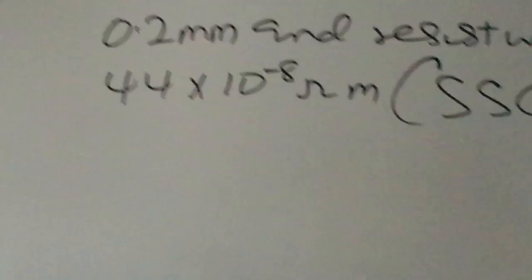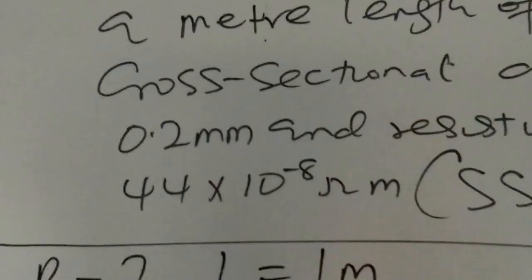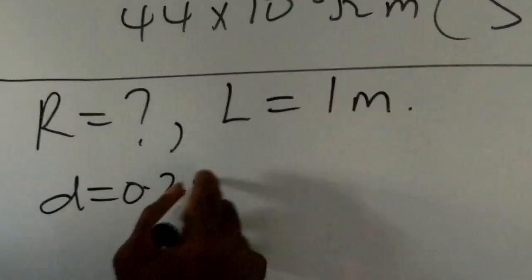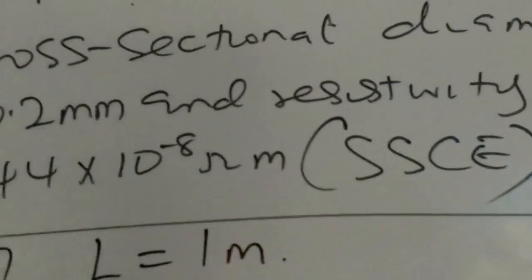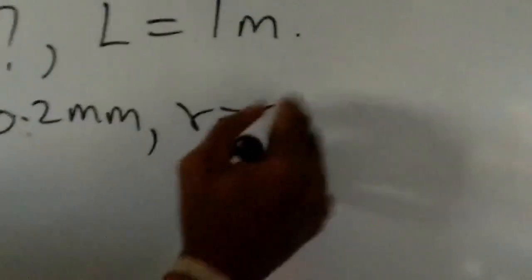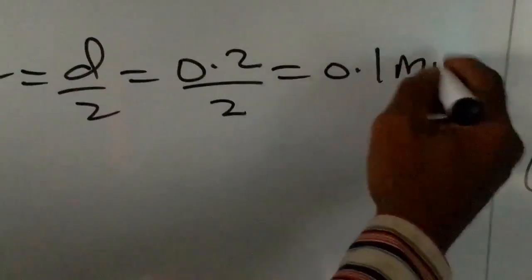So in this problem, we are looking for resistance, which is the R symbol, and the length of the wire is 1 meter. Then we are given the diameter of the cross-section as 0.2 millimeter. Since we are given the diameter, we can find the radius. Radius is diameter over 2, which is 0.2 over 2, which gives us 0.1 millimeter.